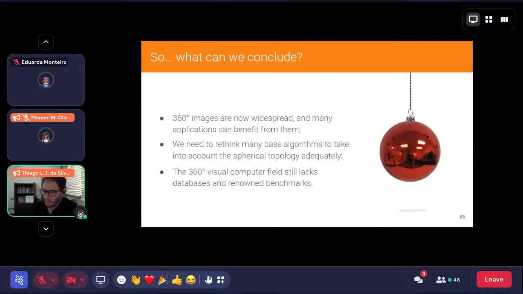We need to have those benchmarks to advance the area with success. So I think there is much more to come. And this talk was meant to introduce this topic to those who were not aware of spherical images. But of course, we have a long path to come.